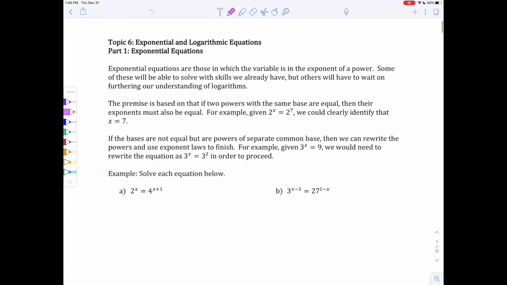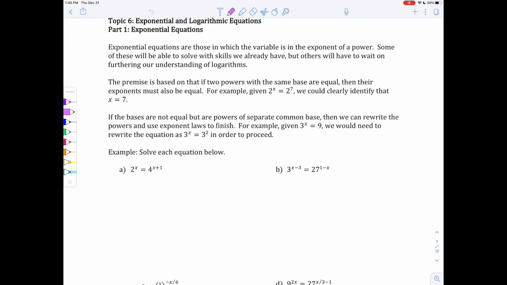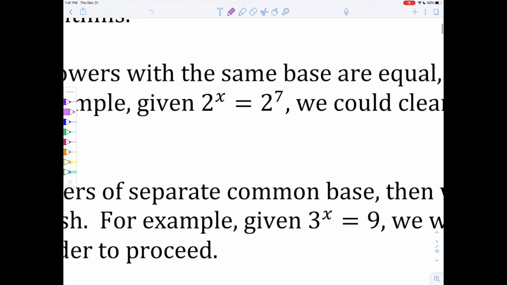The premise behind solving an exponential equation that we don't have to use logs in is that if we can get two powers that have the same base that are also equal, then we can say that their exponents are equal. So looking at this case, if 2 to the x is equal to 2 to the 7, the only way that could be true is if x is actually 7, if these exponents are equal.